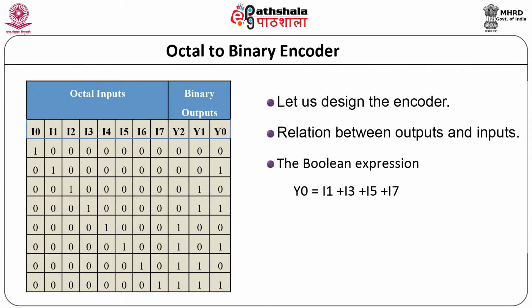Then the Boolean expression is Y0 is equal to I1 OR I3 OR I5 OR I7. Similarly, the Boolean expression for Y1 is equal to I2 or I3 or I6 or I7. The Boolean expression for Y2 can be written as Y2 is equal to I4 or I5 or I6 or I7.